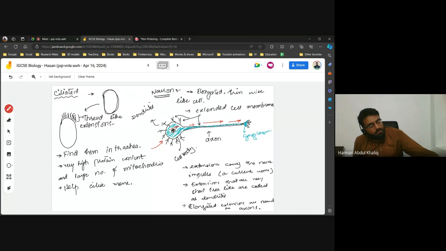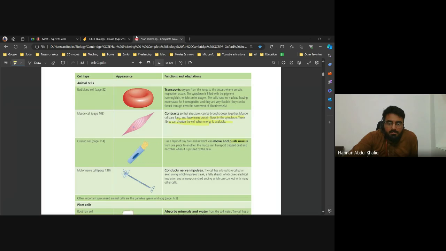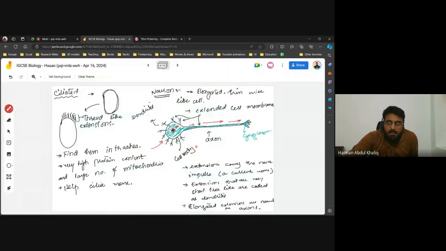So the impulse moves this way and it is responsible for working in the nervous system. Our nervous system cannot work a single step without the involvement of the neurons. Got it? Okay. So this is a neuron cell that is very different.